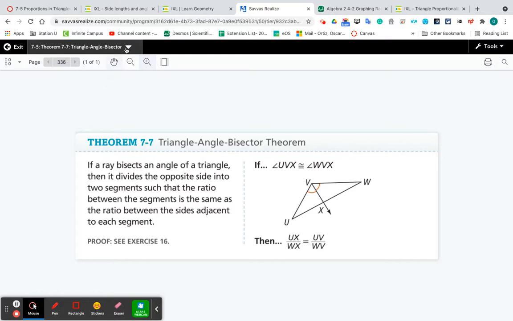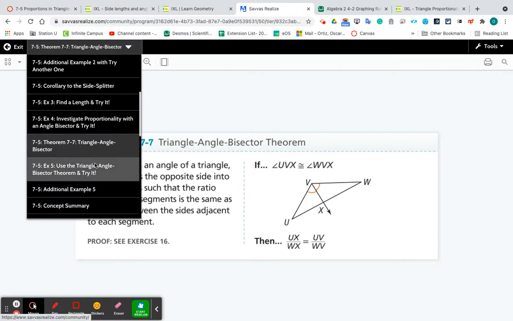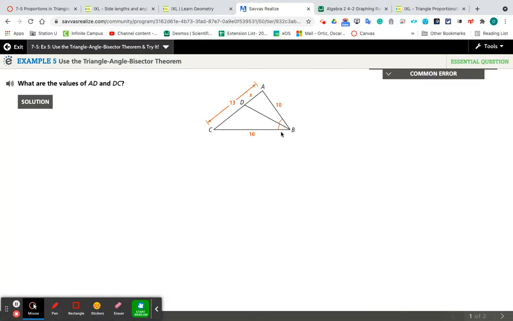And that is something that we can apply to answer questions such as those given in example 5. Knowing that this BD bisects angle B, we can tell that because these two angles are labeled the same way. We know that the two segments formed, CD and DA, are proportional to the corresponding sides CB and AB. Please notice here the order is important.